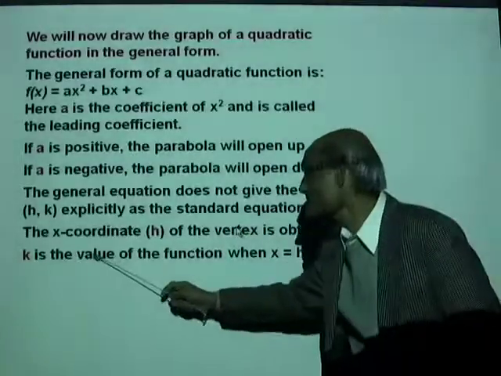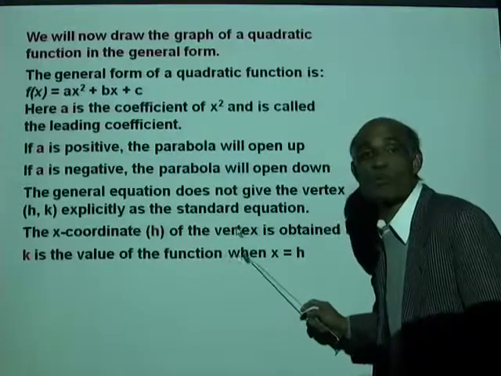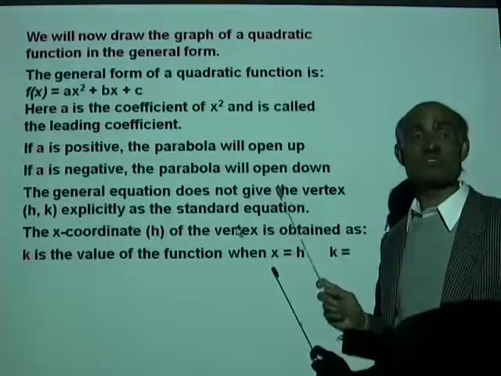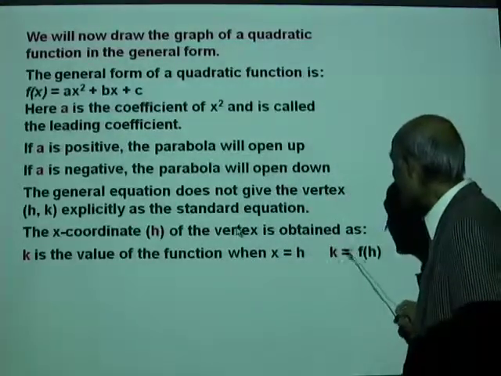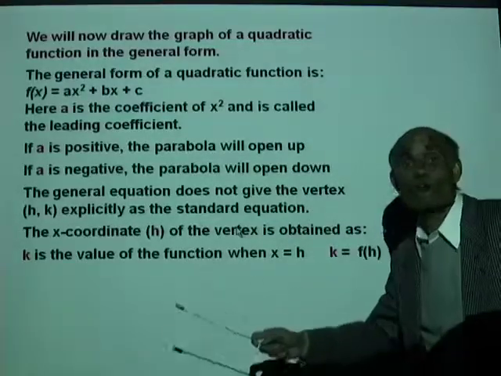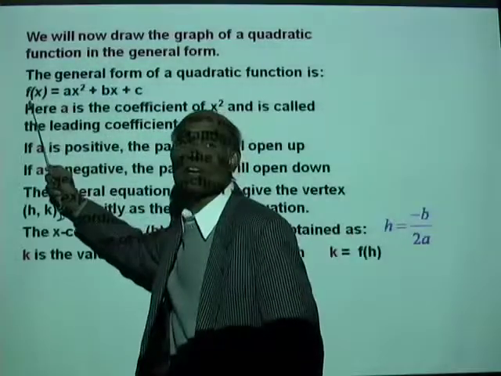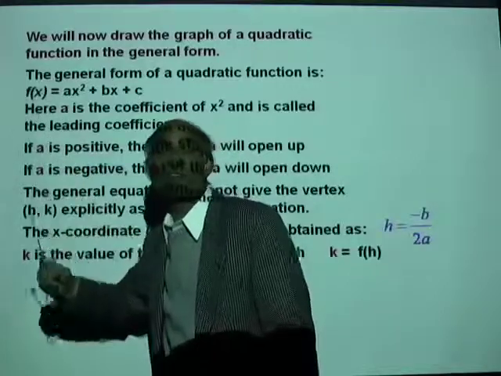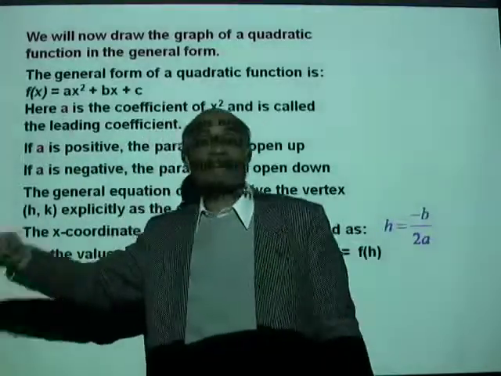So k is the value of the function when x = h, or k = f(h). So you go to the function f(x) and find the value of f(h). That will give you k.